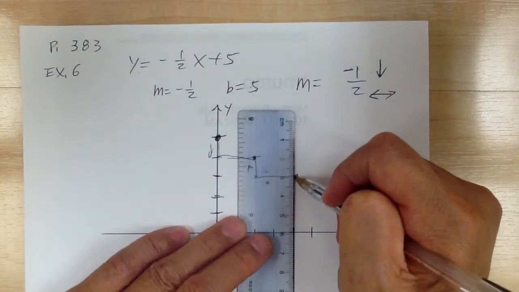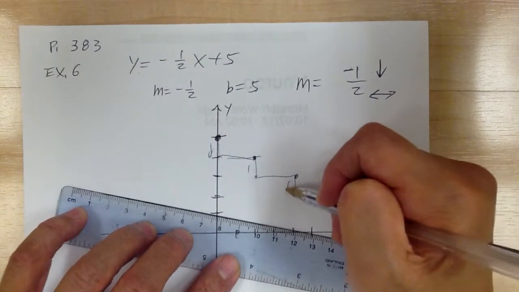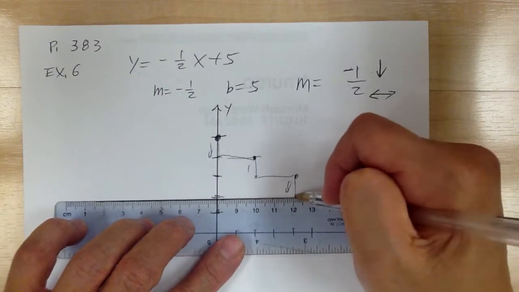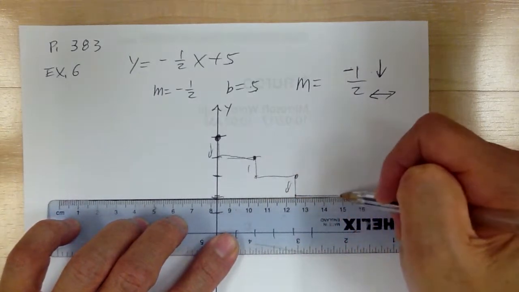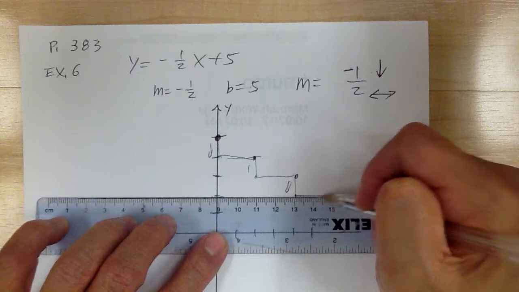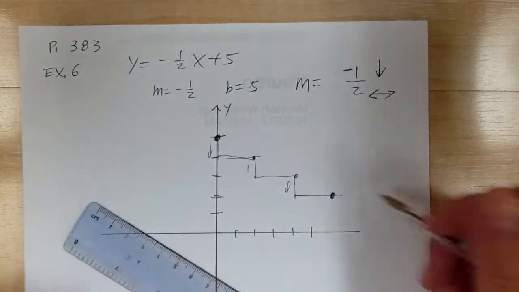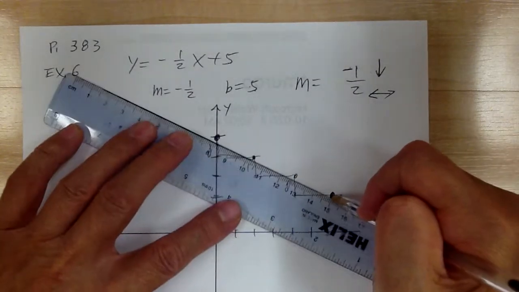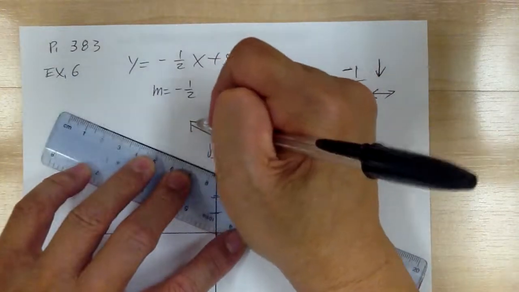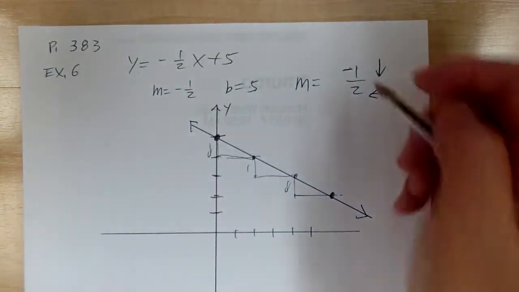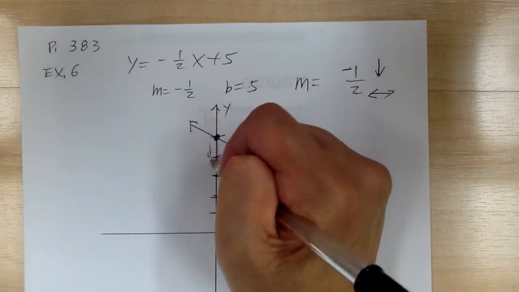That's what a slope is. After you get a few points using the same pattern, that's your graph. So again, negative 1 over 2 means you go down 1, over 2.